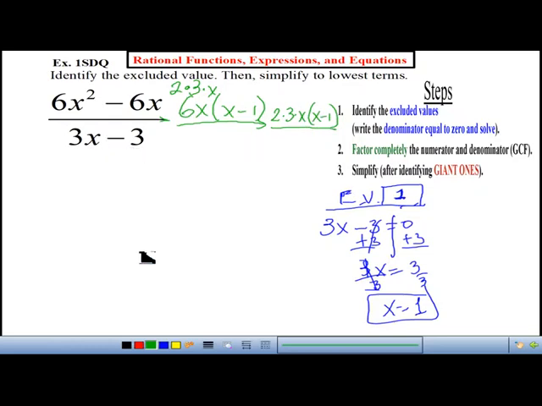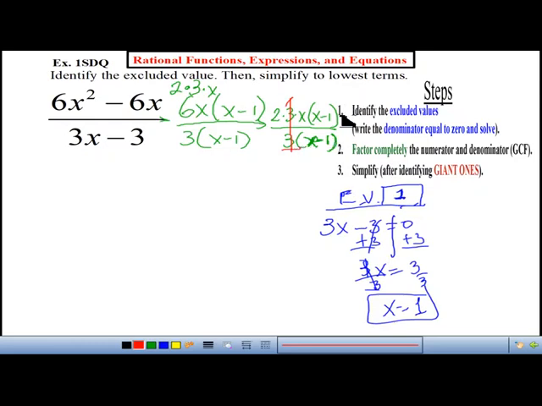All right, let's do the denominator. What is the GCF? 3, and we're left with x minus 1. Since it's completely factored, I'm going to bring it over here: 3 times x minus 1. All right, so let's simplify it. Giant ones: the 3's. What else?